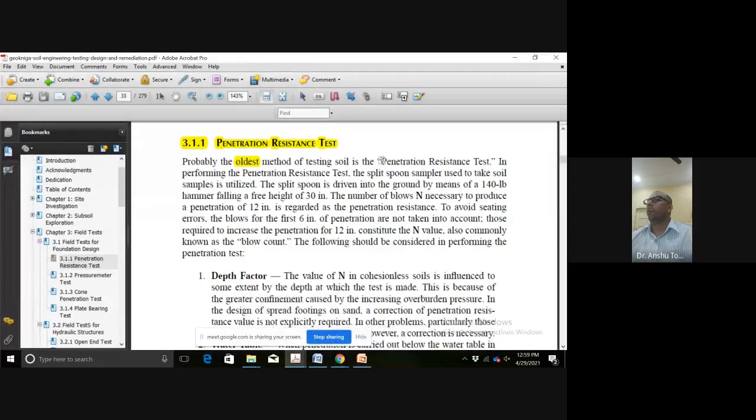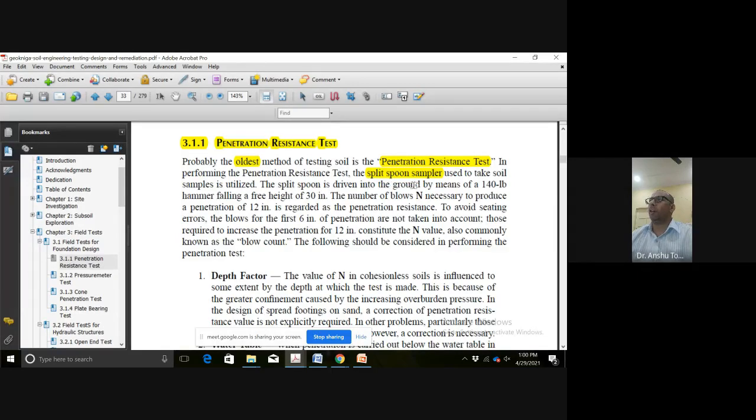In performing this particular test, the split spoon sampler is used. Split spoon sampler is a sampler which goes beneath the surface, collects the sample and brings it to the surface. Let us read and understand. To take the soil samples, it is utilized.